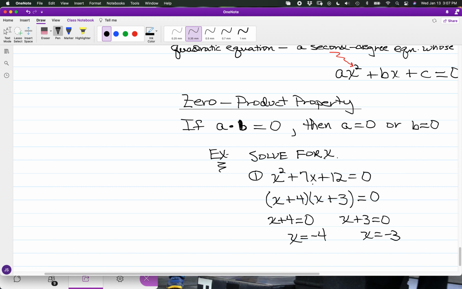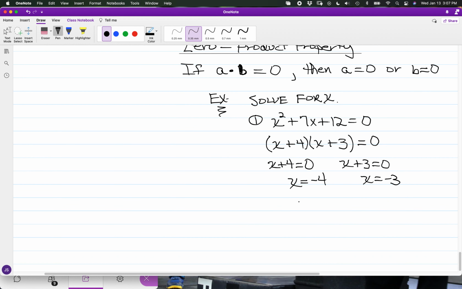Now we have 7 times negative 3 is negative 21. 9 minus 21 is negative 12. And in turn, negative 12 plus 12 is equal to 0. Okay. And so again, this is another case of a conditional where this equation is true on the condition that x is either negative 4 or negative 3.